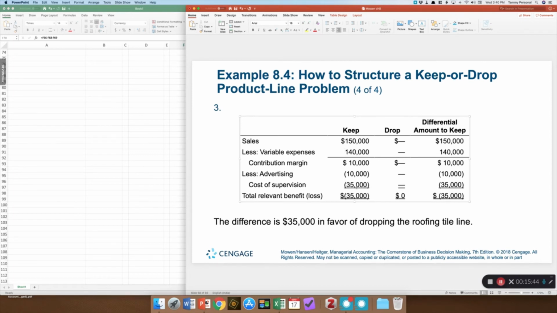So even without considering depreciation, which doesn't go away, we're still losing $35,000 by having that product line, right? So in this case, because these are traceable, avoidable costs, the cost of advertising and the cost of supervision for that product line, then we should go ahead and drop it because we would be losing less money.